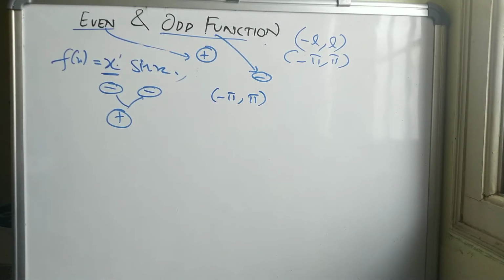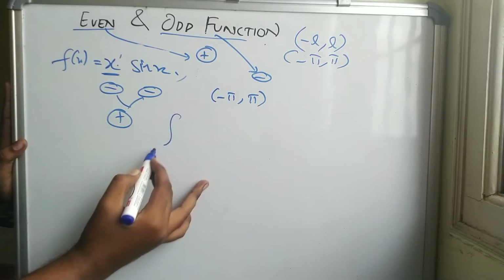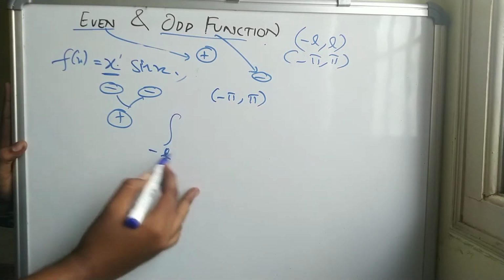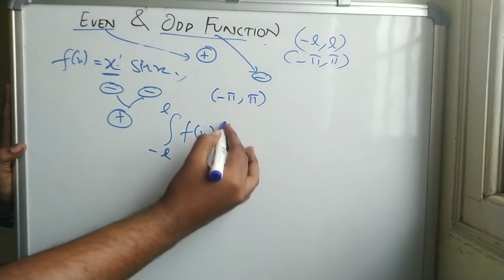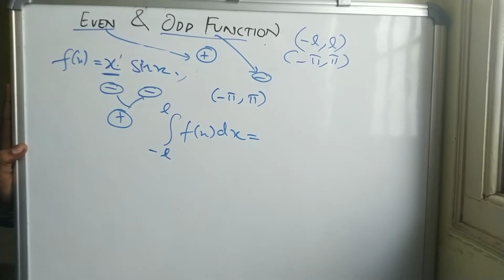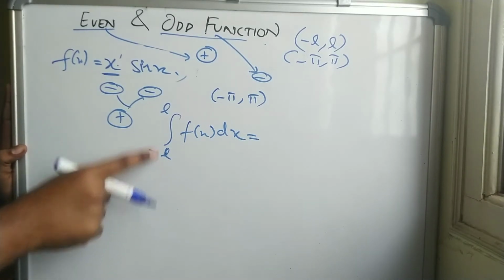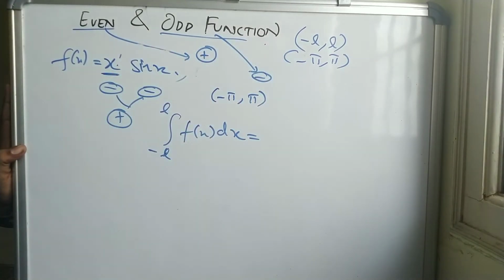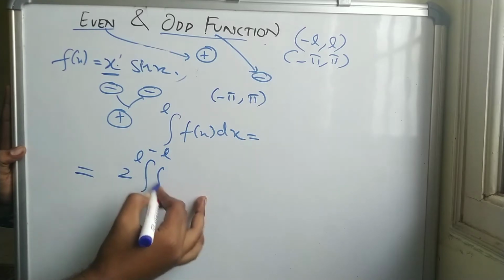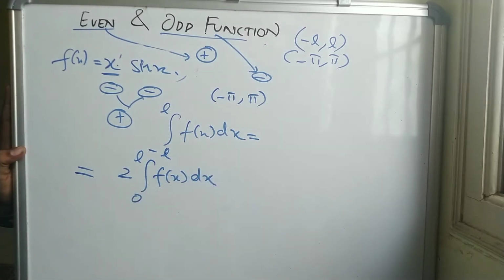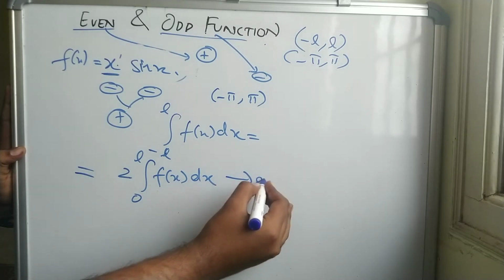An easy way to remember is that, for the interval minus L to L, the integral of f of x dx will be equal to 2 times the integral from 0 to L of f of x dx when it is an even function.